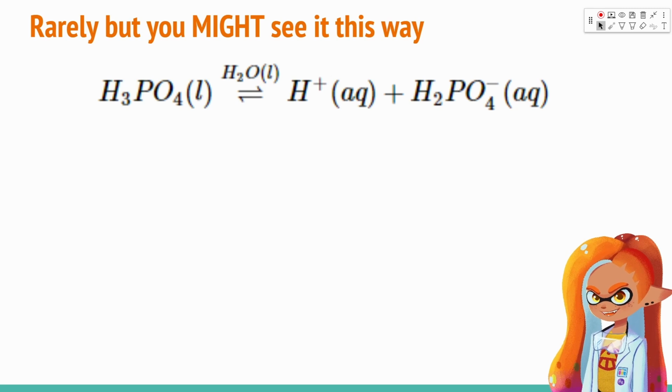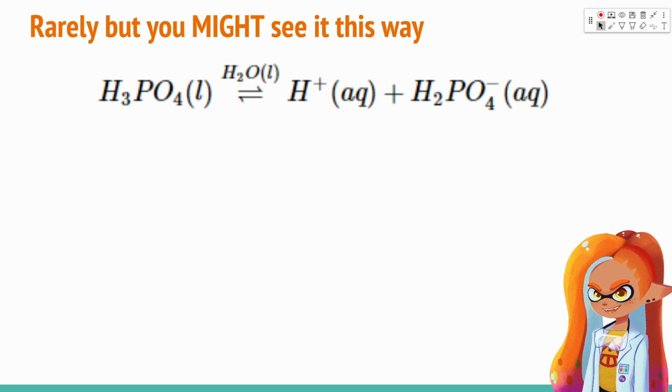So another thing that you rarely might see is something called the polyprotic acid. I'm also going to talk about some things that people do that you need to be aware of, but it's technically not how it exists. Okay, so here we have H3PO4.